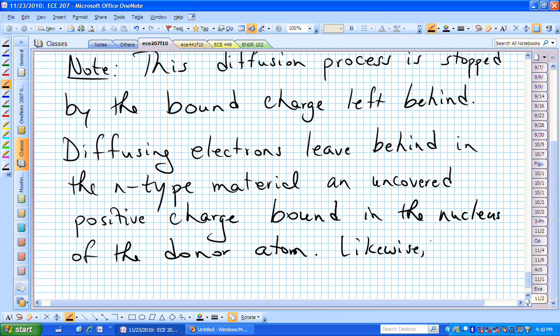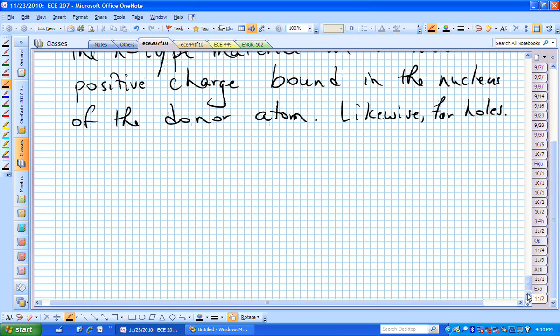And that same process is true for the holes that are wanting to go from the p-type material across the p-n junction to the right. And we schematically drew that picture. There's the bound positive charge in the n-type material.